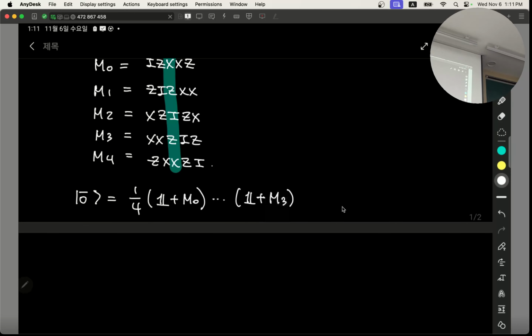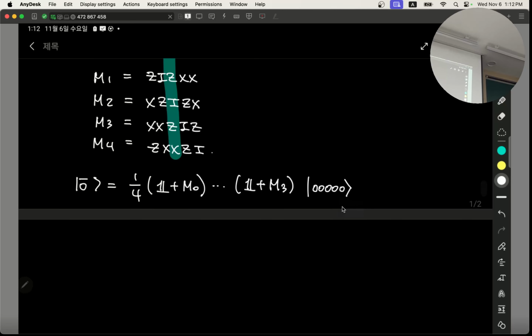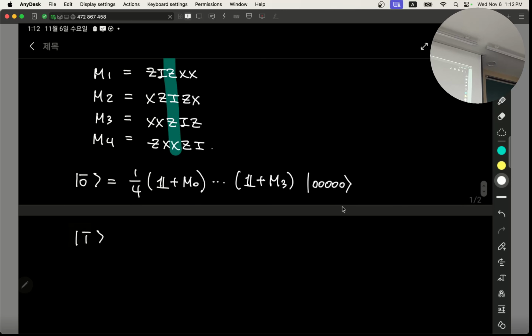Here, if you apply all the 5 gates M0 to M4, it's an identity gate because there are always an even number of X and an even number of Z. It cancels out. So you don't apply all of M0 to M4. You only have M0 to M3, applied to 0, 0, 0, 0, 0. And that's my logical 0.